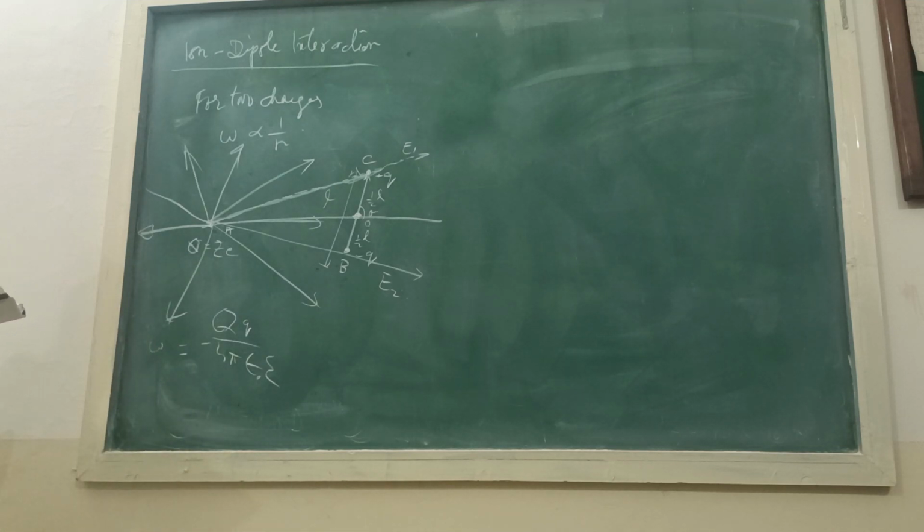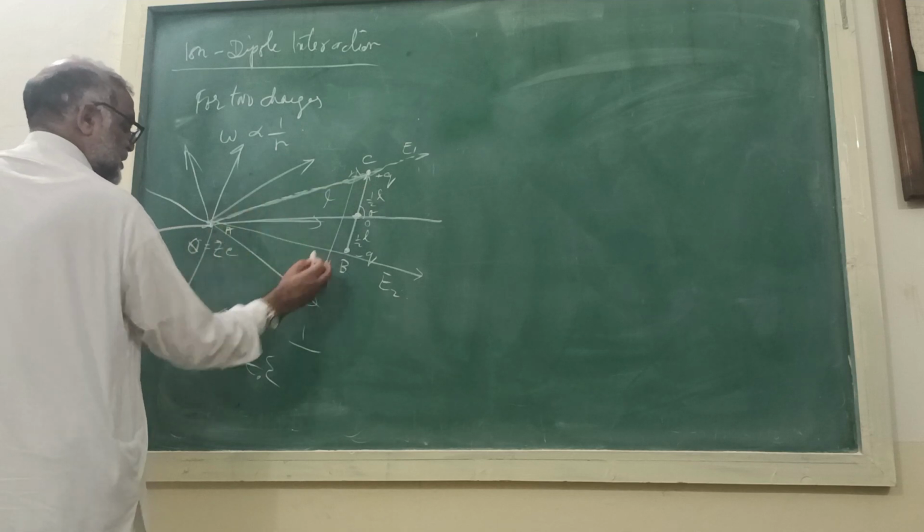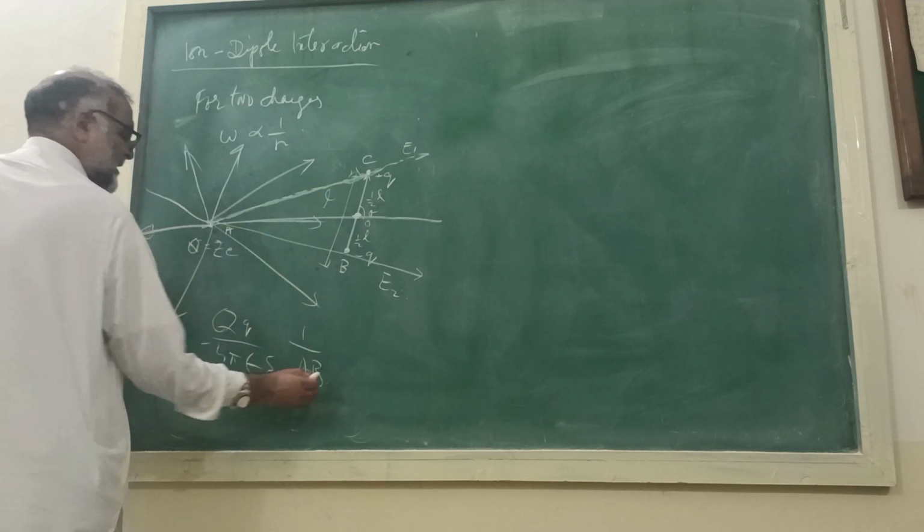So here it will be that, and it will be the distance between these two, which is AB.